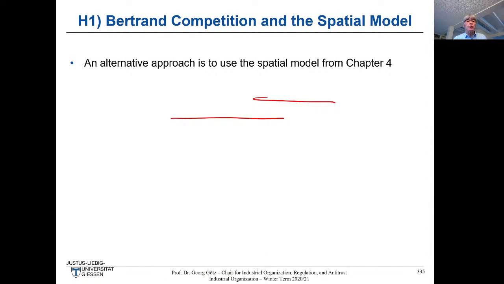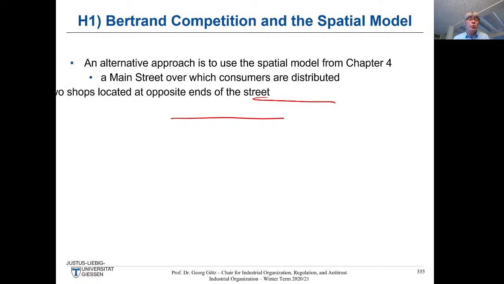What we are going to do today is address the same kind of questions, again price competition in a model of horizontal product differentiation. But now we employ the model we already introduced when we addressed the question whether a monopolist over or undersupplies product variety. We do that in the so-called Hotelling model of spatial competition.